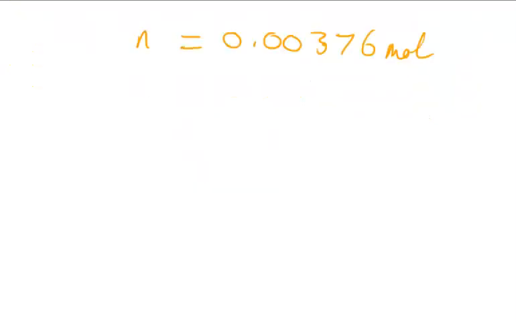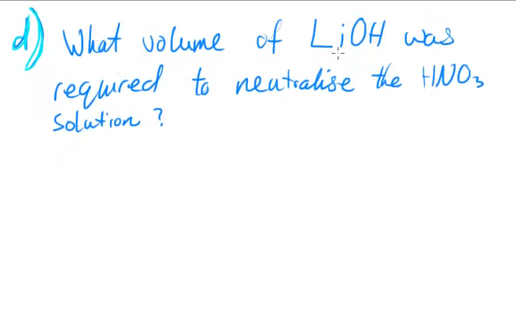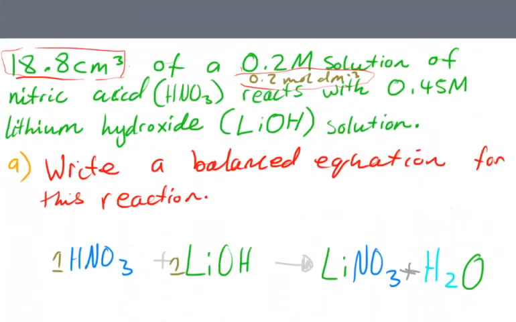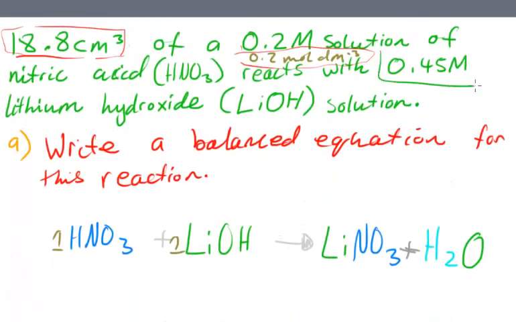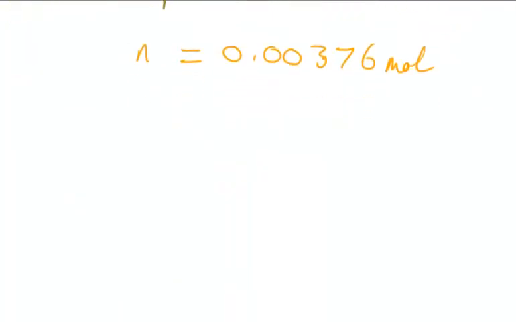And so now let's move on to the last question. What volume of lithium hydroxide was required to neutralize the HNO3 solution? For this question, first let's look at what we already know. The question gives us the concentration of the base, the alkali, lithium hydroxide, and it's 0.45 moles per dm cubed.